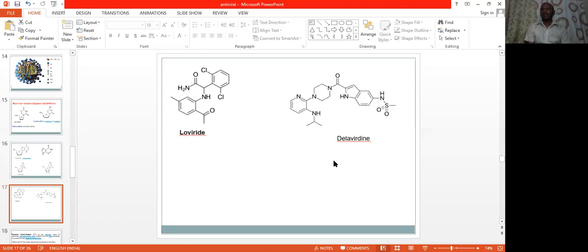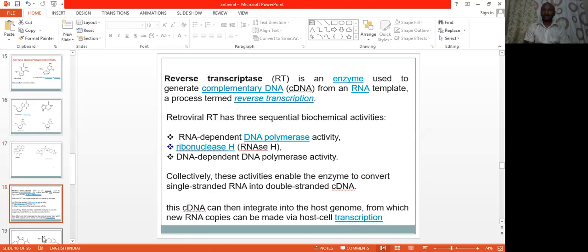Okay, I'll go to the next slide. As I was explaining to you, reverse transcriptase is a viral enzyme, and what this viral enzyme does, as I told you, is synthesize complementary DNA from the RNA template, because the viral RNA is already there in the virus.